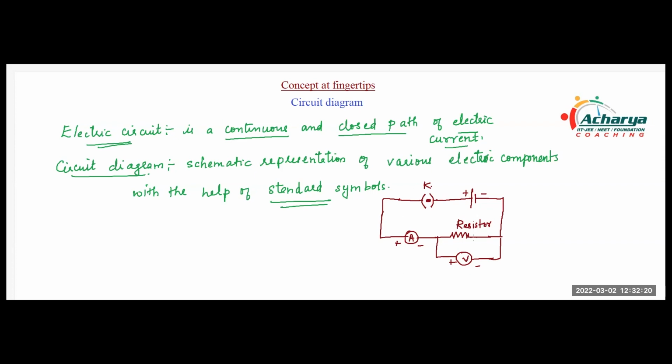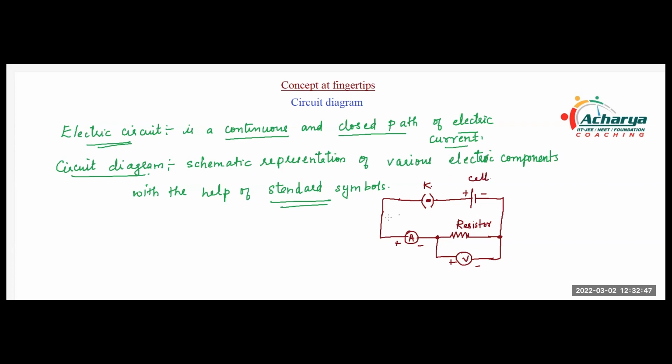So all these are the standard symbols for these components. As we have learned in a previous video, the ammeter is connected in series through a circuit, and a voltmeter is connected parallel to any of the components or 2 points where we need to measure the potential difference.